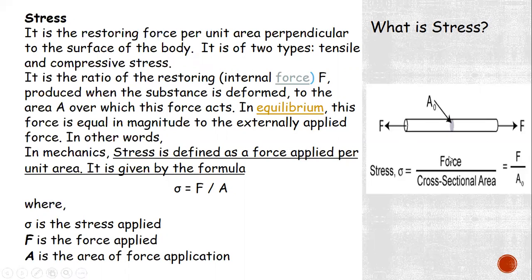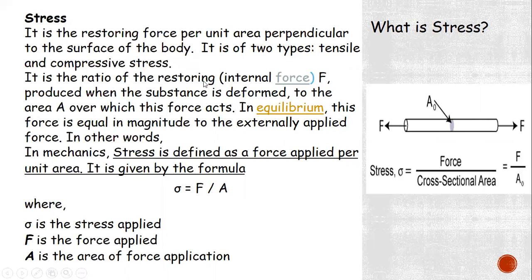So this is the restoring force per unit area, or we say that the internal force developed due to the applied force is called stress. They are always equal in magnitude. It is the restoring force per unit area perpendicular to the surface of the body, and there are two types, tensile and compressive stress.